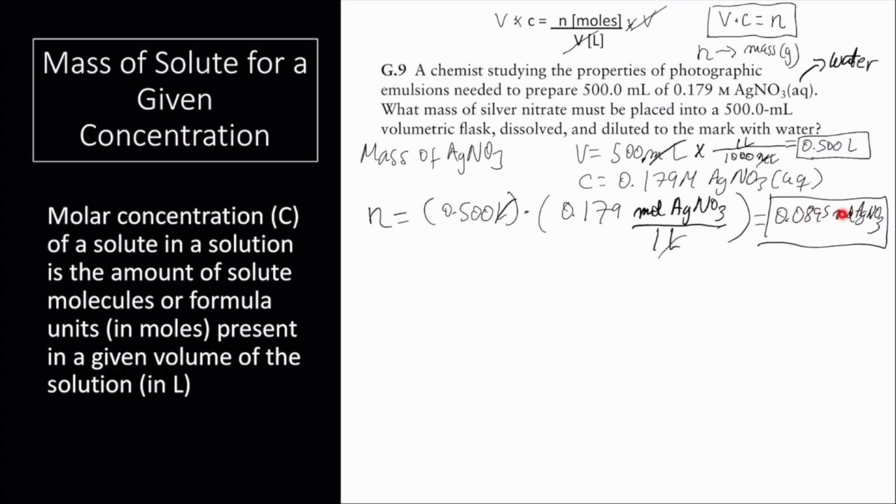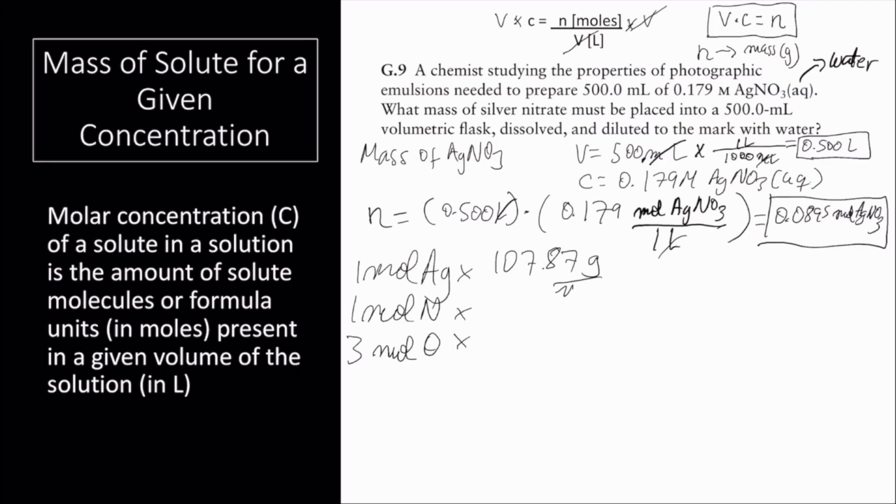Then to convert this number of moles to the mass of silver nitrate, we need the molar mass. So for the molar mass of silver nitrate, we have 1 mole of silver in the formula, 1 mole of nitrogen, and 3 moles of oxygen. So we multiply these by their respective atomic masses. So it's 107.87 for silver, 14.01 for nitrogen, and 16 for oxygen.